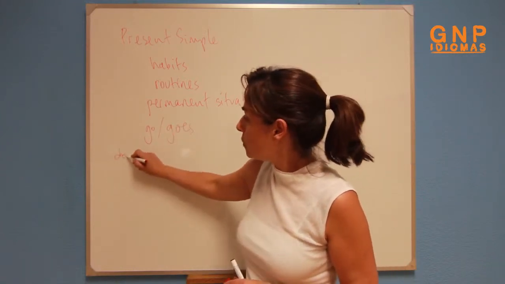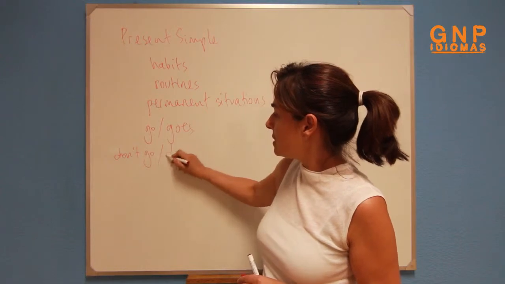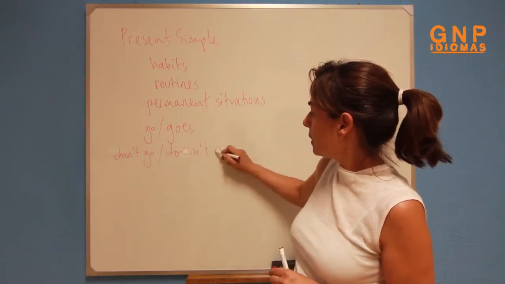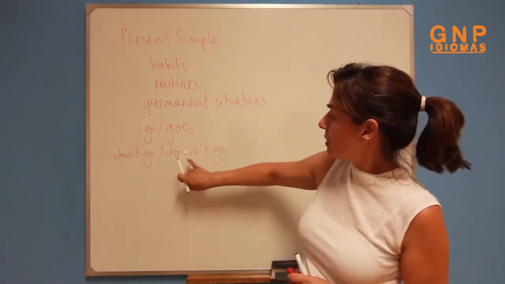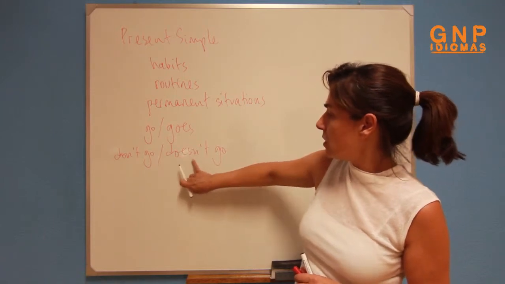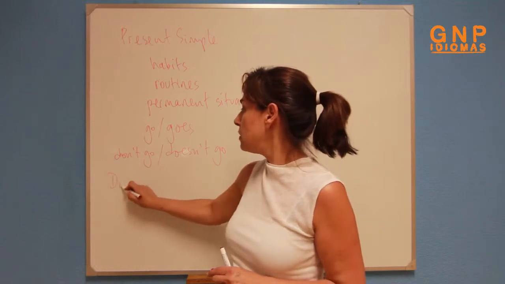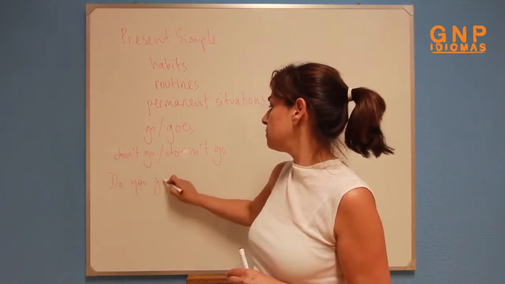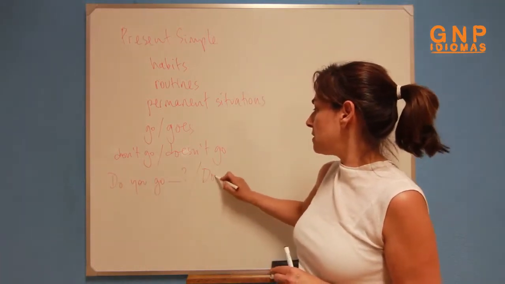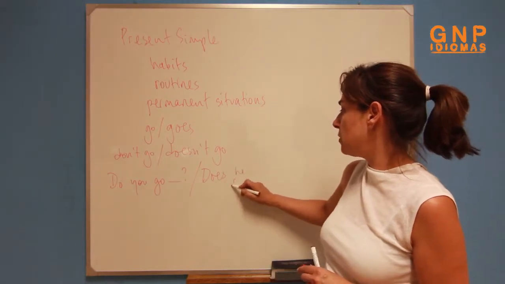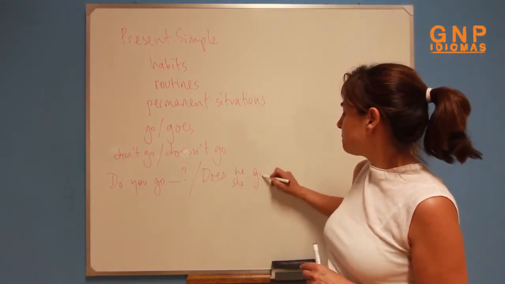If it's a negative, don't go or doesn't go. You need to make sure that the students understand that that S goes in the auxiliary and is removed from the verb there. If it were a question, do you go? Or does, in the third person, he or she or it go.